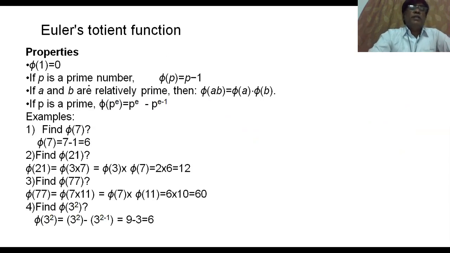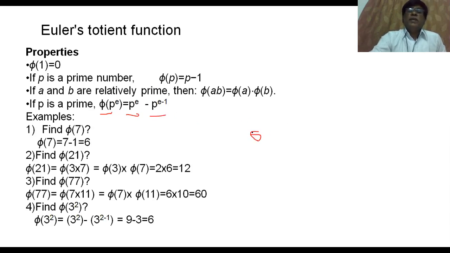And another property is, if p is a prime, then phi of p power e, that prime number to any exponent value, is equal to p power e minus p power e minus 1.